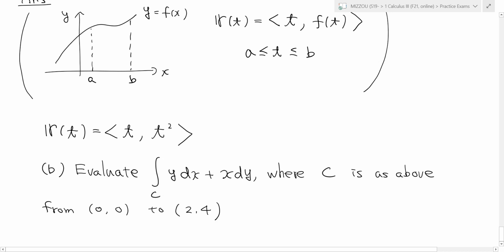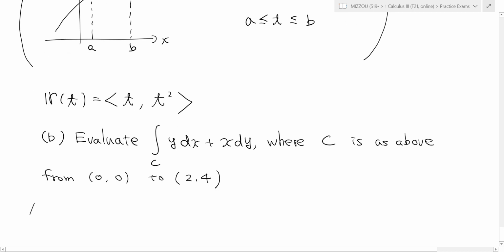So this is a line integral of a vector field, where the vector field F is y and x. Okay. Now, so for this, like I said, our F of x, y to be precise, the vector field we integrate.